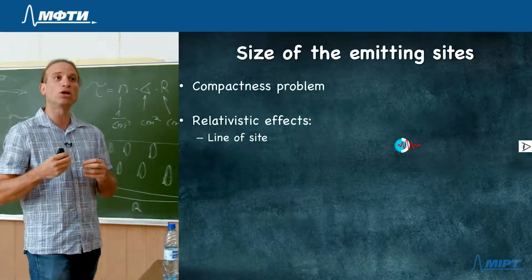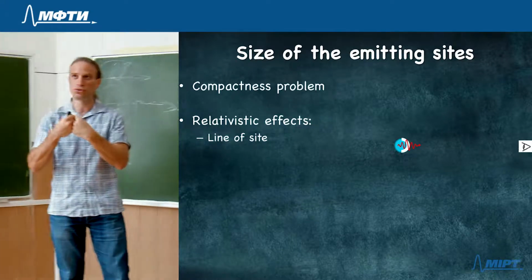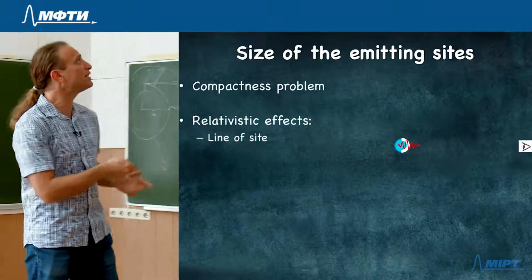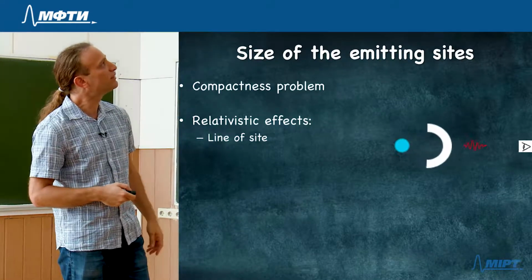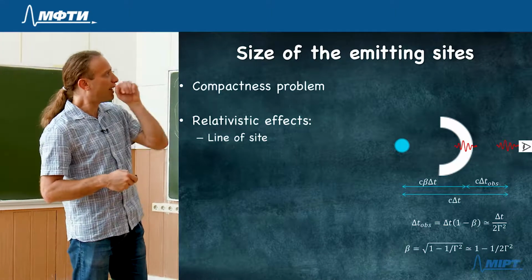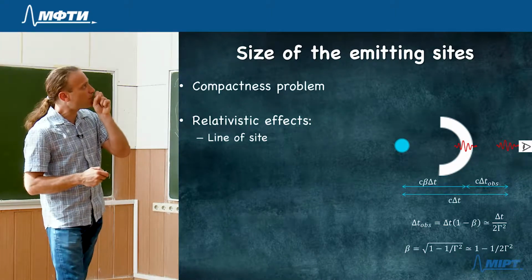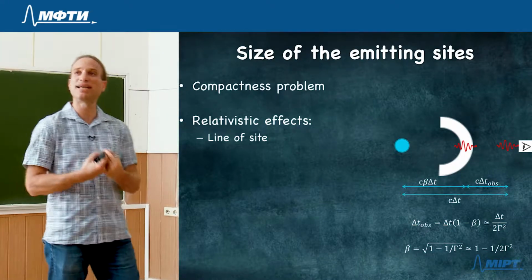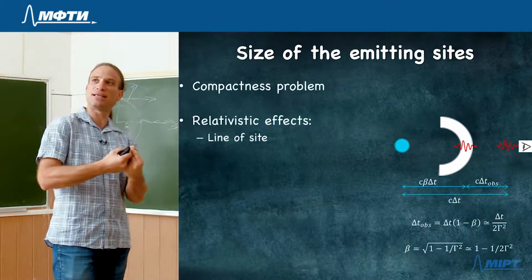I want to understand the distance that this source covers between the time it emits one photon and the time it emits the second photon. The time that passes between the emission of these two photons is my delta t observed.